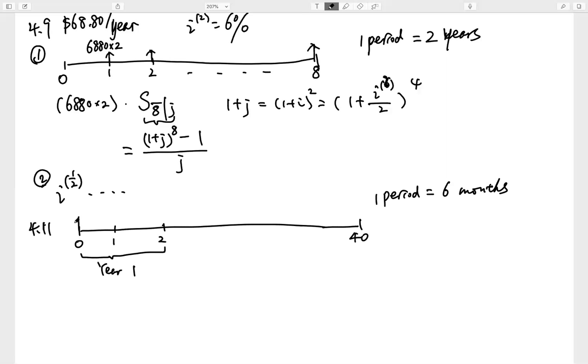So here I receive 25K, here I receive 25K. That would give me $50,000 a year, right? And it's always the beginning, so it's 0, 1 instead of 1, 2. Continue until the last one.